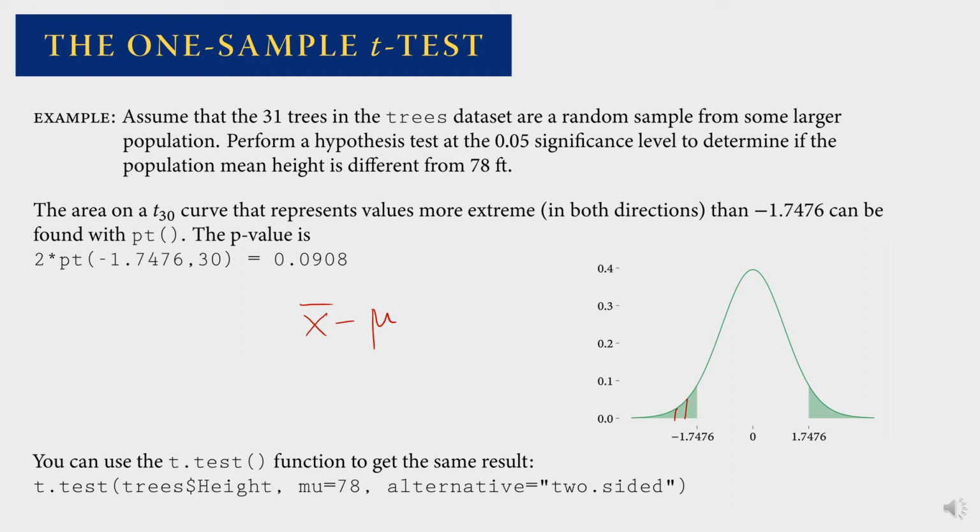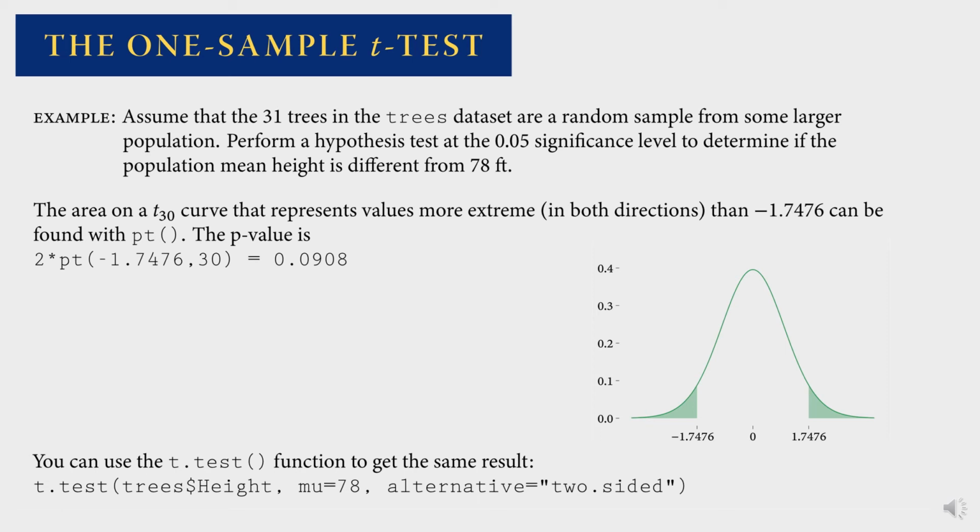If the true mean is 78, drawing a sample mean of 74 is less likely than drawing a sample mean of 76. Because I'm doing a two-sided test, I have to consider values just as extreme on the other side as well.